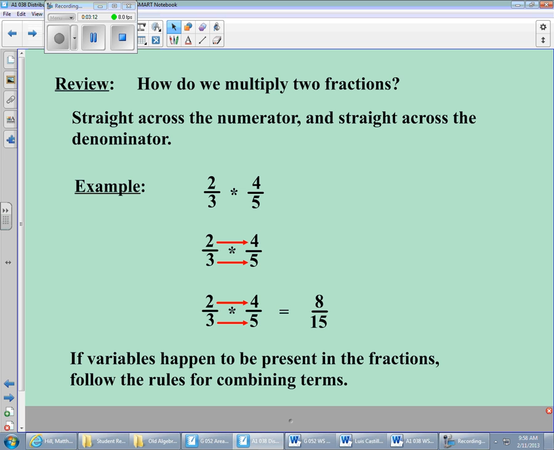Now we're dealing with all kinds of variables and exponents and things like that here recently. So if you happen to have variables present in these fractions and you're doing this multiplication, well, we'll follow the rules for combining terms. We'll multiply things, combine stuff, follow the laws of exponents, and so on. Okay, so a little bit of review there.